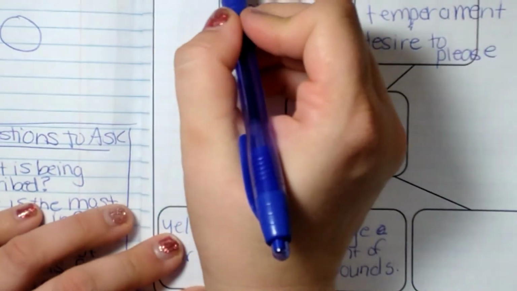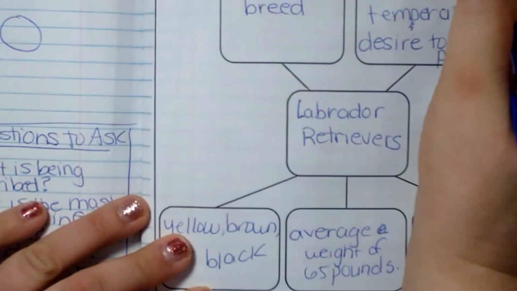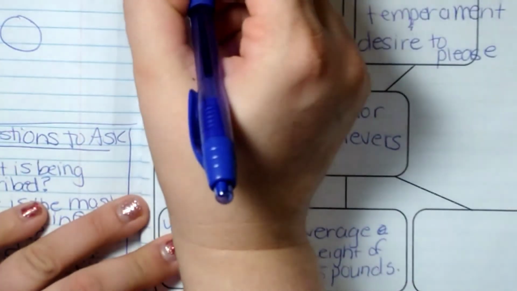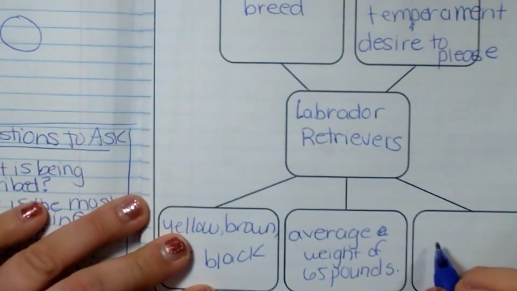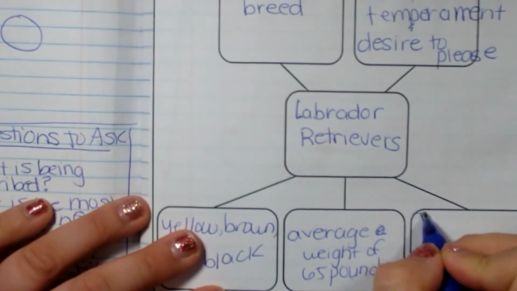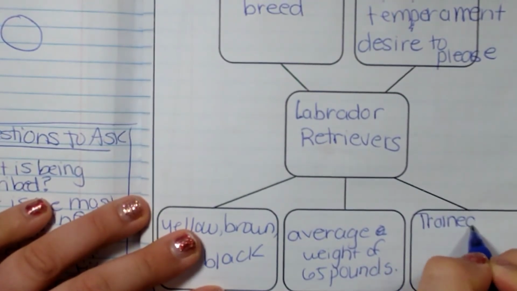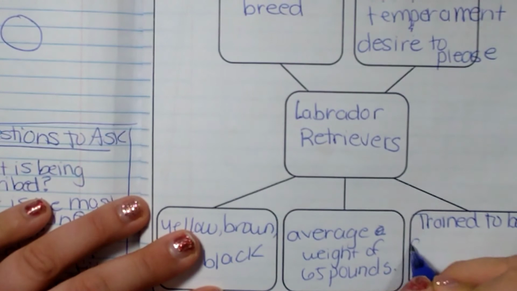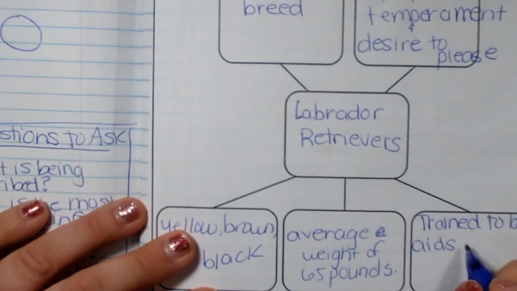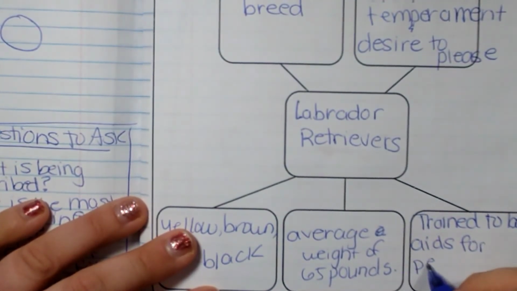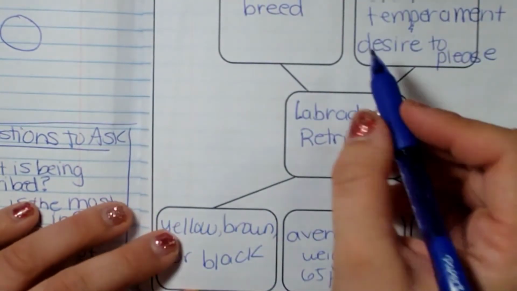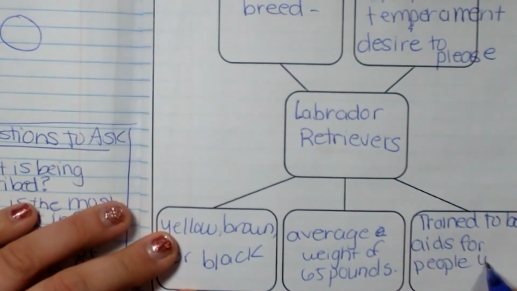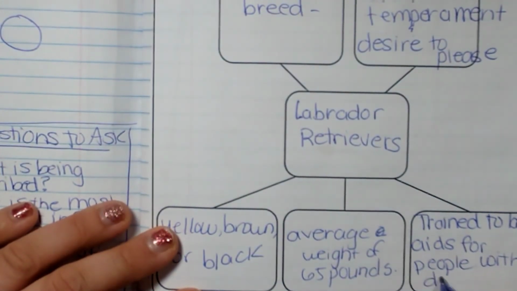And then the last one is they are trained to be aids for people with disabilities. If I had something else, I can also say if they're medium large dogs, they're as well. So they're aids for people with disabilities.